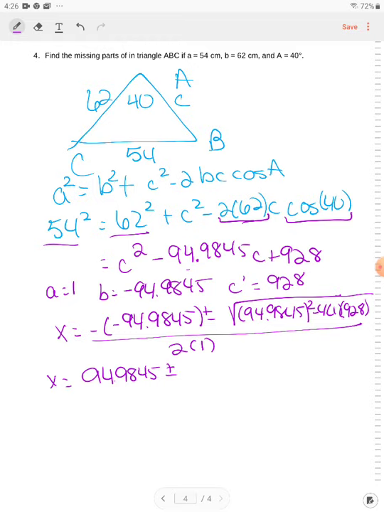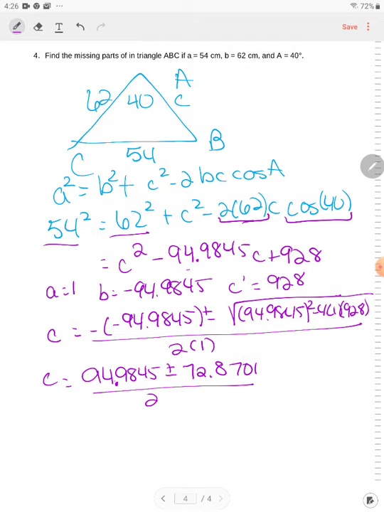Let's go ahead and take a square root. And I get 72 point, there's a decimal point here. Let's go to 4 decimal places, 8701, all over 2. Okay, now I went to X, so theoretically our X is C, so let me correct that. I often use X just because of the quadratic formula.